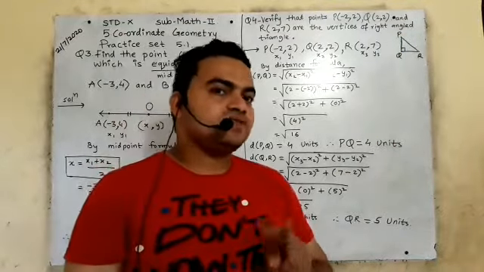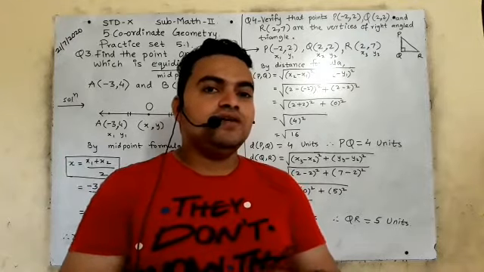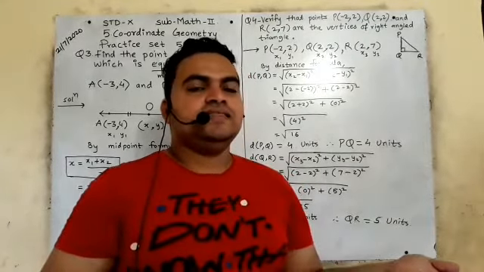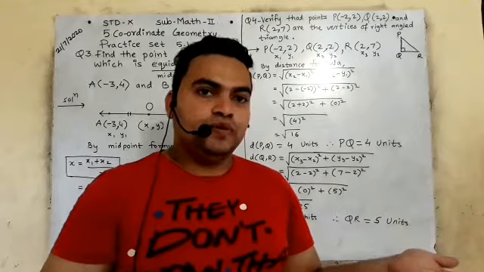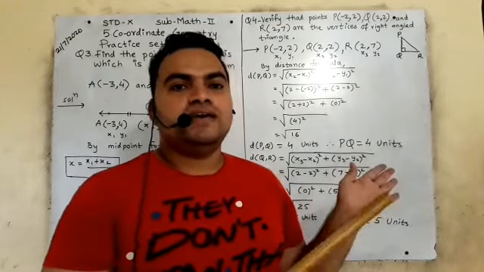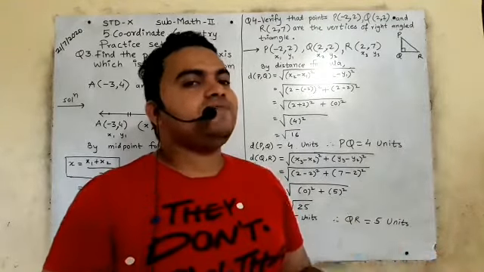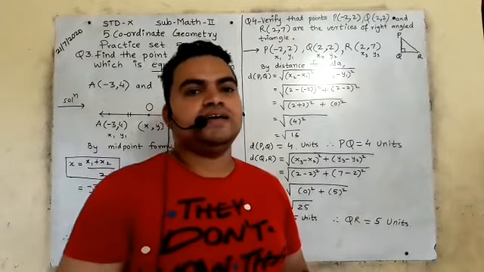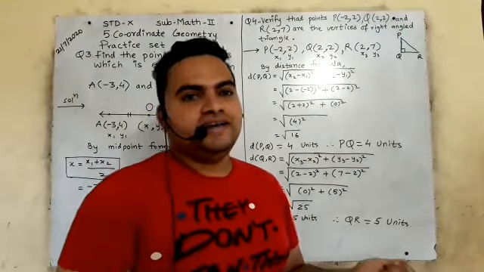If the sum of the squares of the two sides is equal to the square of the third side, that means the hypotenuse, then the given triangle will be a right angle triangle. Or if it is not equal, then the given triangle will not be a right angle triangle.